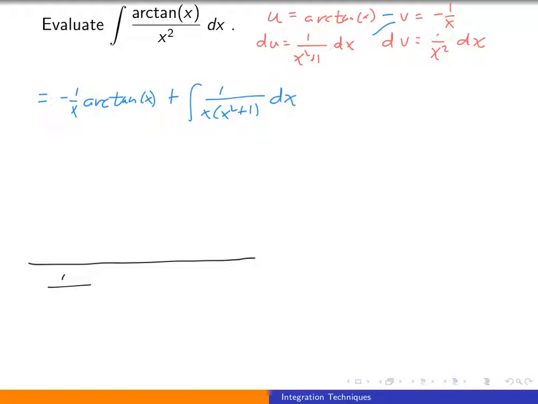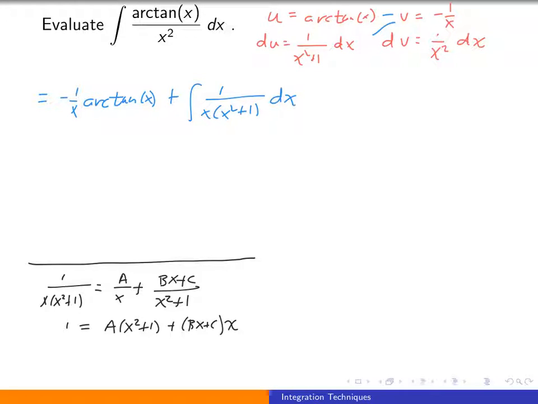So we have 1 over x times x squared plus 1 equals A over x plus Bx plus C over x squared plus 1. So one linear term, one irreducible quadratic. So 1 is equal to A times x squared plus 1 plus Bx plus C times x.